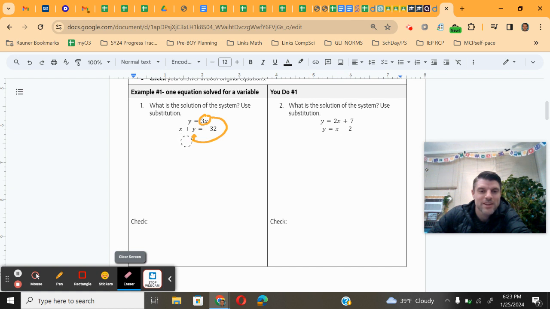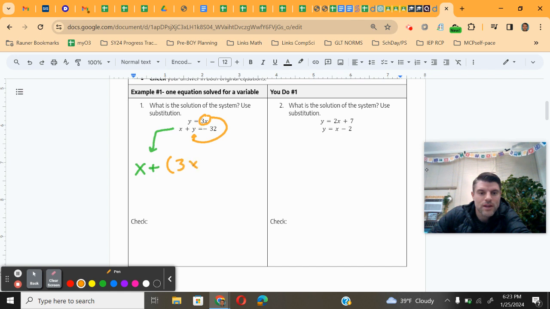Okay. So now I'm going to write this in an equation. X plus, and instead of y, I'm going to write 3x. And then I'm going to write the rest of this equation, which is negative 32.